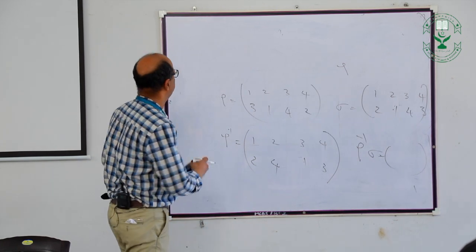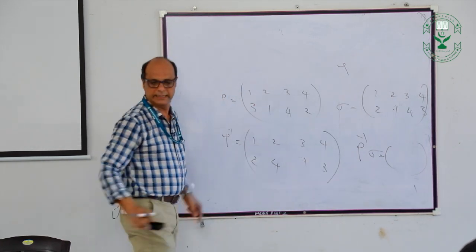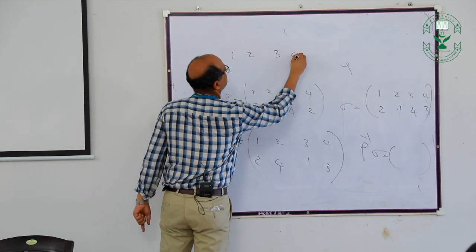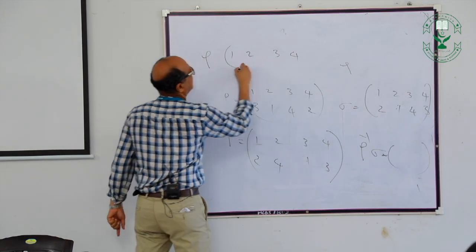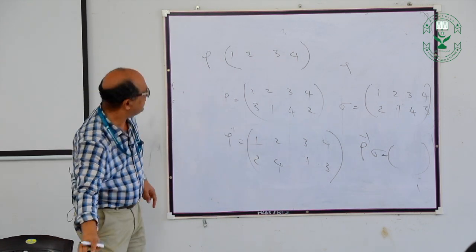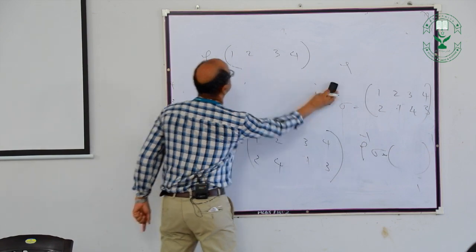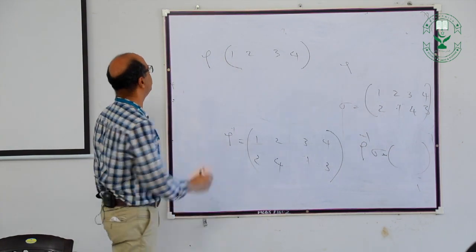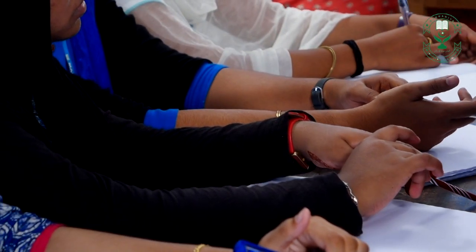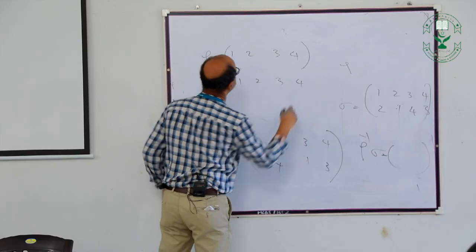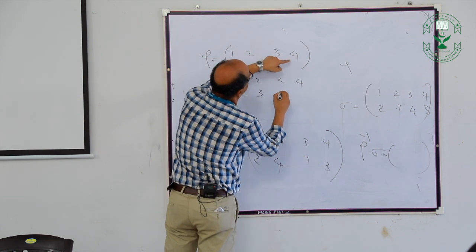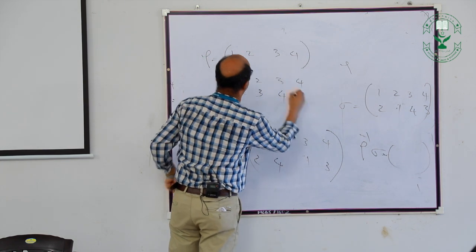Another thing is, sometimes instead of this, they simply write 1, 2, 3, 4. Sometimes they write it simply like this. If they write something else like this, some rho is like this. This is actually 1, 2, 3, 4. This means 1 maps to 2, 2 maps to 3, 3 maps to 4, 4 maps to 1.